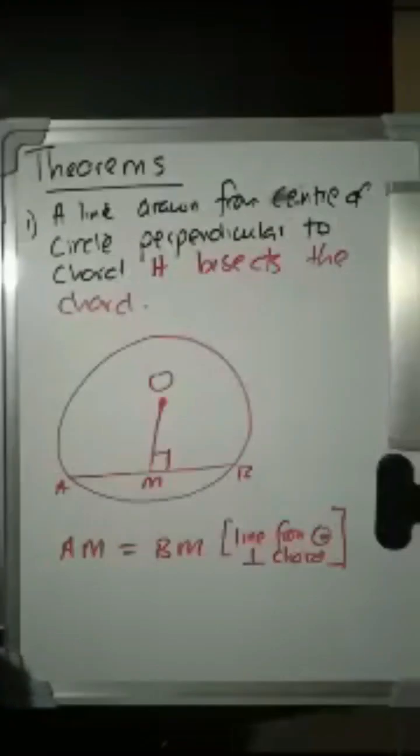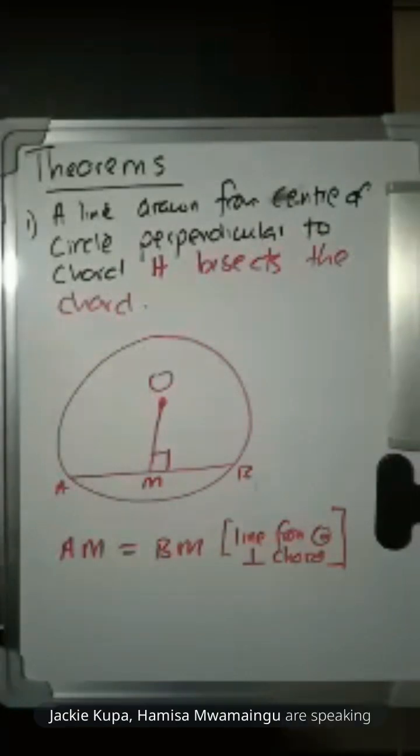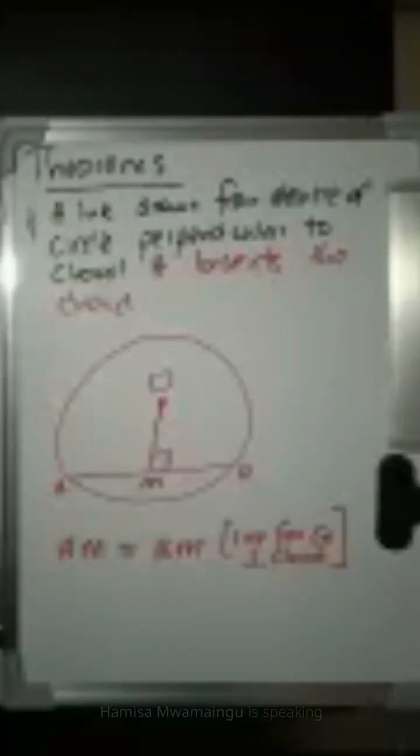What's happening with my camera today? It's actually my camera. Let me see. From my side, it's actually okay. Is it okay now? Yes. Now it's okay. All right. Okay. Right.